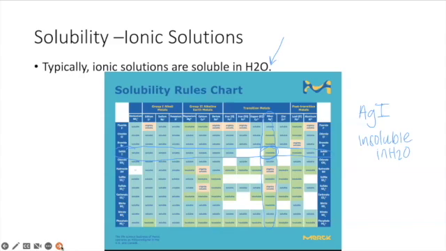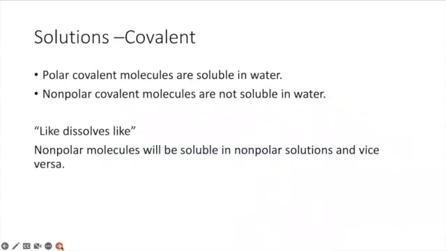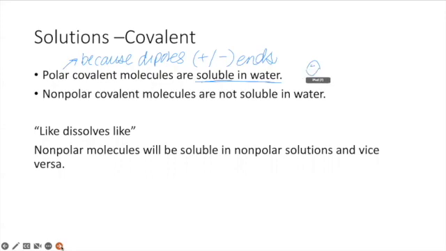Covalent molecules, though, are a little bit trickier. I showed you that example just a minute ago with the polar molecule. Polar molecules, because they have dipoles, these plus and minus ends, are actually soluble in water, because the plus and minus ends of water can compete for the plus or minus ends of the polar molecule.